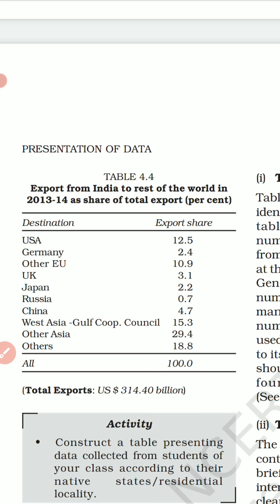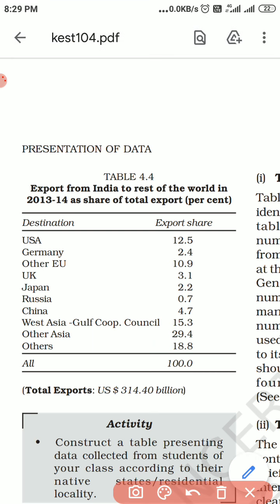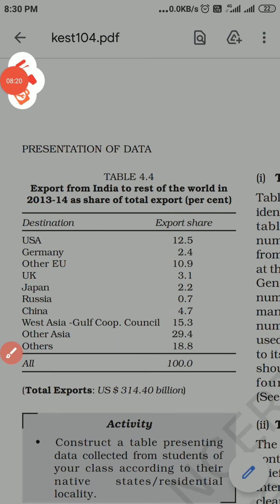You are showing some kind of data like you can see in this table. Destination and export share. So USA has 12.5 export share. So you are showing the data according to some place, that is called spatial classification.